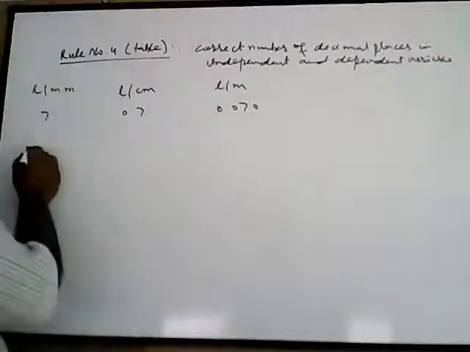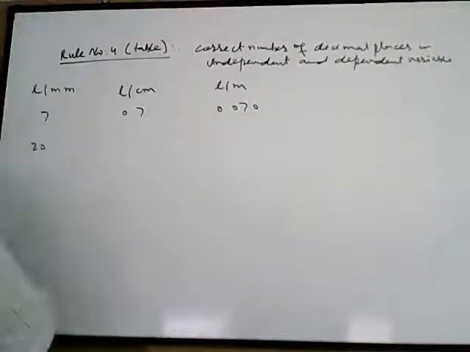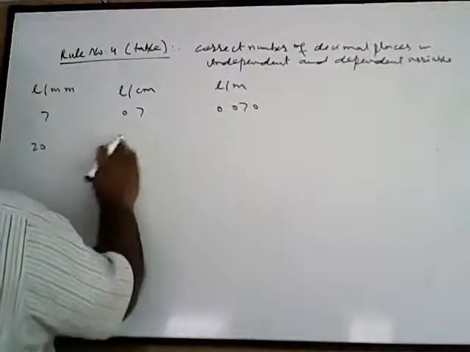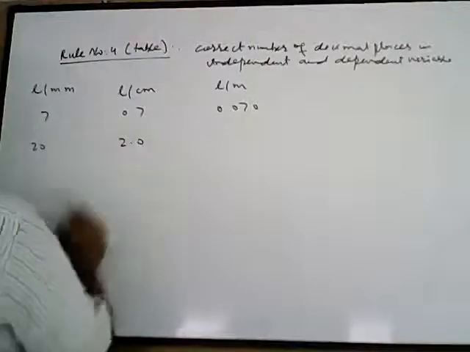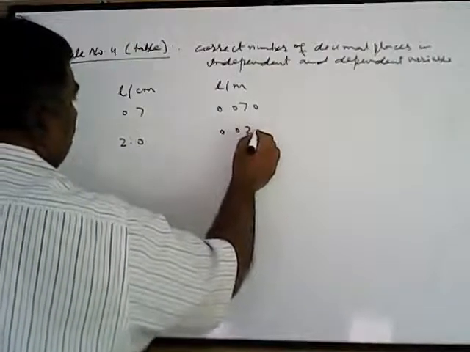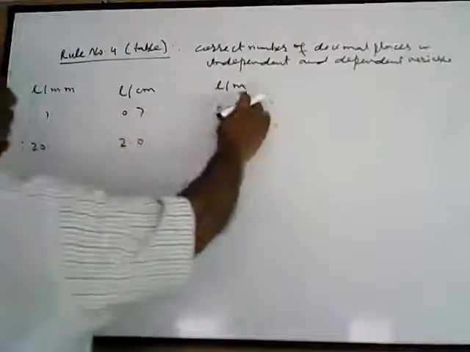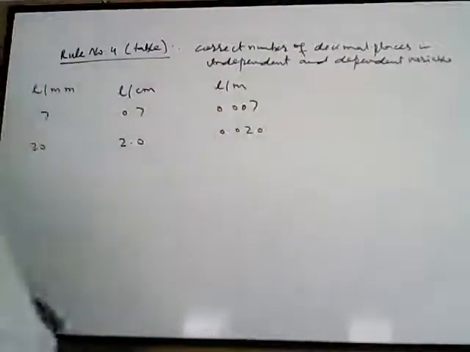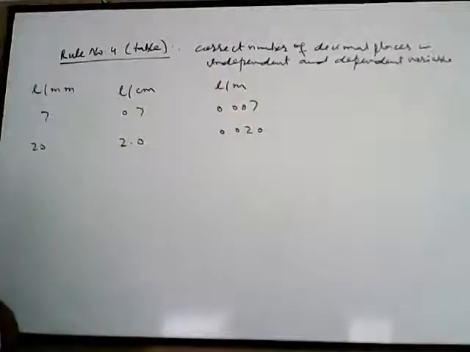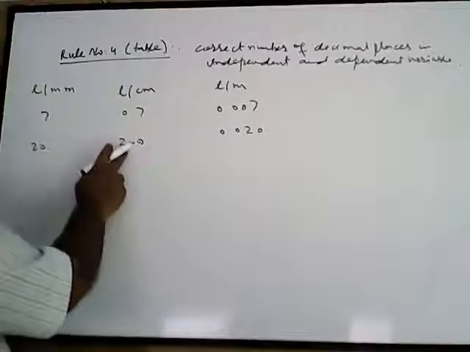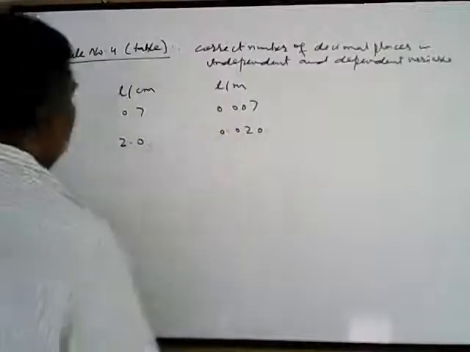Suppose I am recording 20 millimeters, then this will be 2.0 centimeters, and in meters it will be 0.020. And 200 millimeters I'll record as 20.0 centimeters.